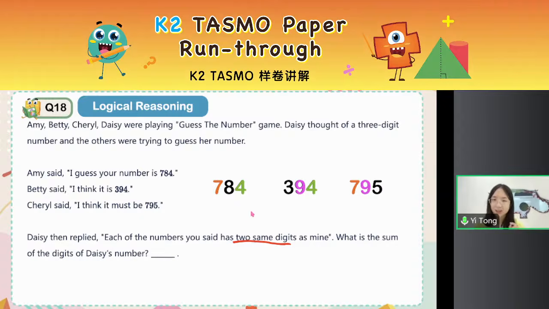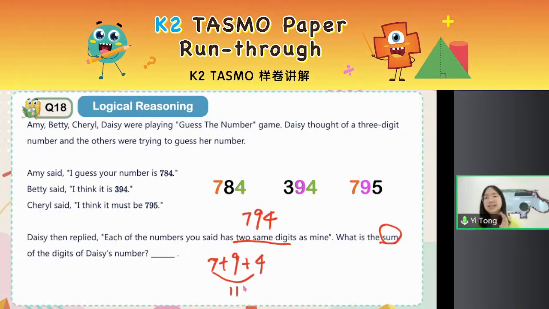Okay, let's write down the new number first. 794. And remember, the tricky part, we are asking about the sum. So using the sum, 7 plus 9 plus 4. So what's my answer? 7 plus 4 is 11.